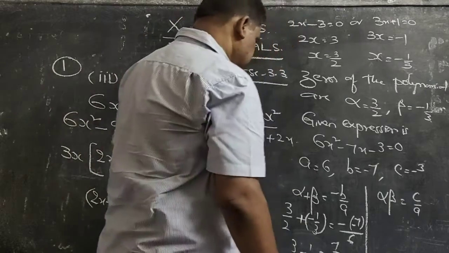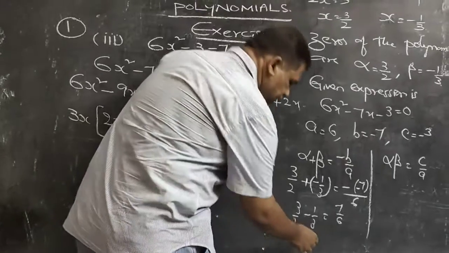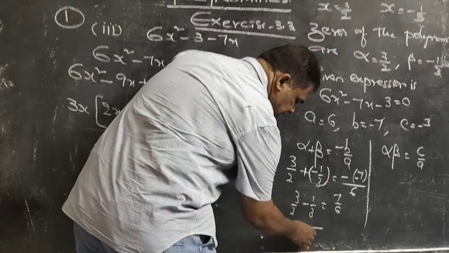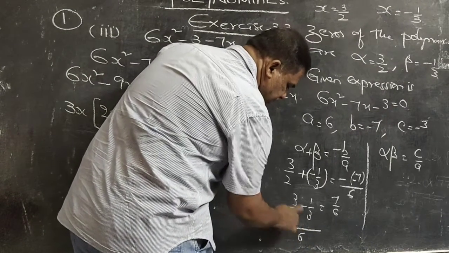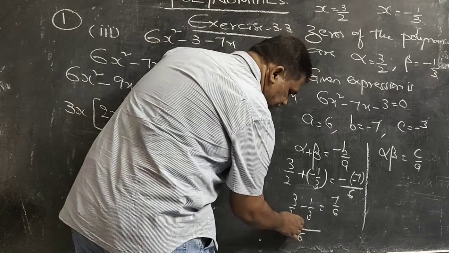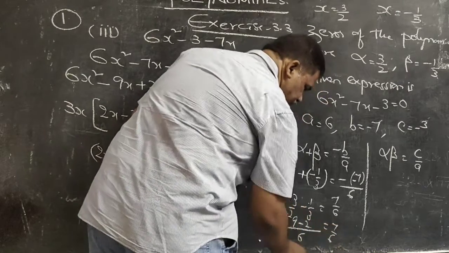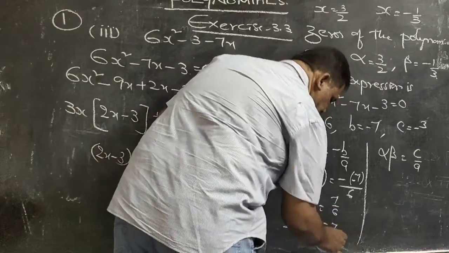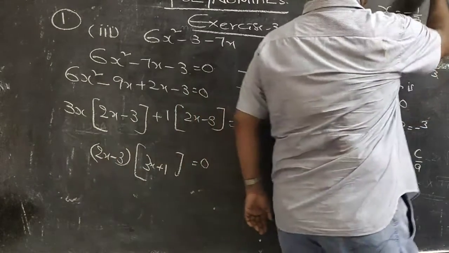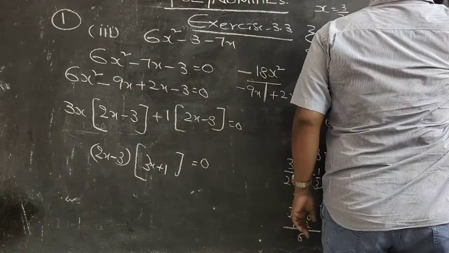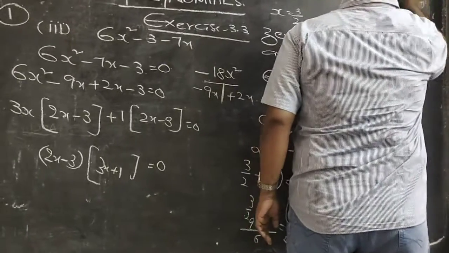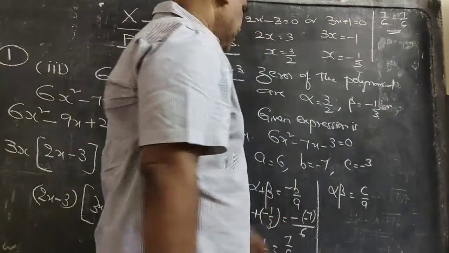Now let us take LCM. LCM here is 6. 2 3s are 6, and with 3 we have to multiply, 3 3s are 9 minus 2, that is 7 by 6. So 7 by 6 is equal to 7 by 6, both are same.